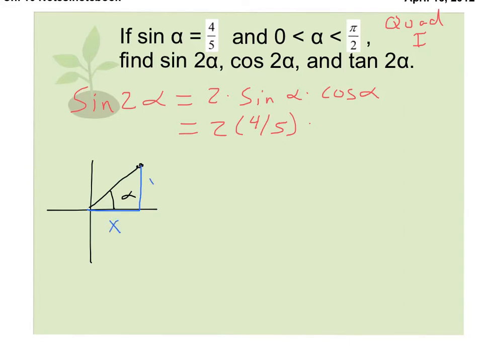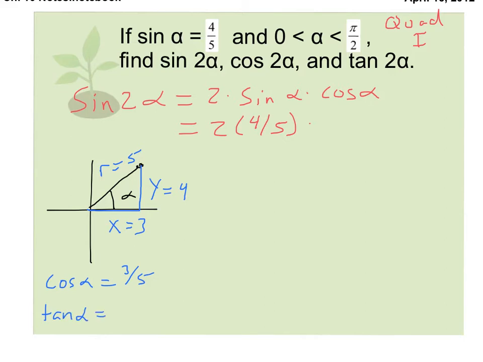Remember, sine and cosine values always come back to x, y, and r. Sine is y over r, which means I have those two. It would follow from the Pythagorean theorem that x has to be 3, and I get a very valuable piece of information: cosine of alpha is 3/5.